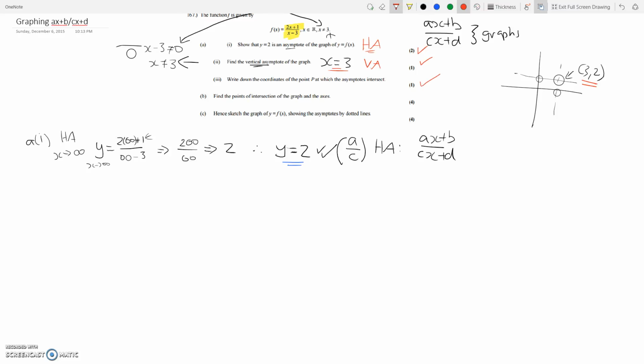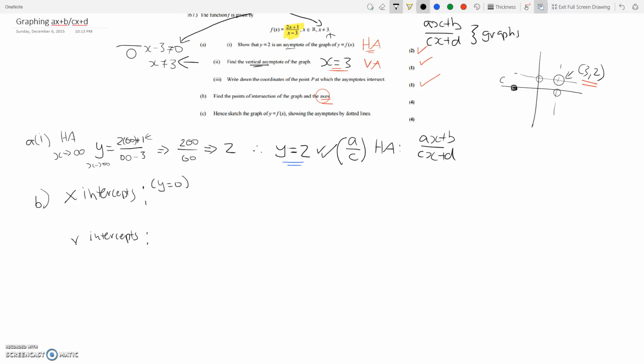Find the point of intersection of the graph and the axes. So right here we have to find the x-intercepts as well as the y-intercepts, and this would enable us to sketch a graph pretty well. For x-intercepts, this is when y equals 0.